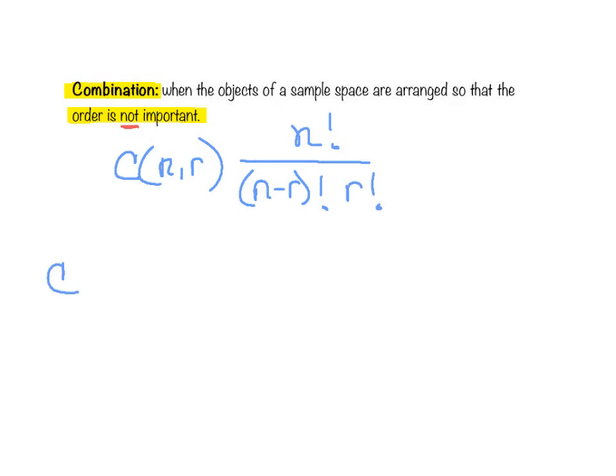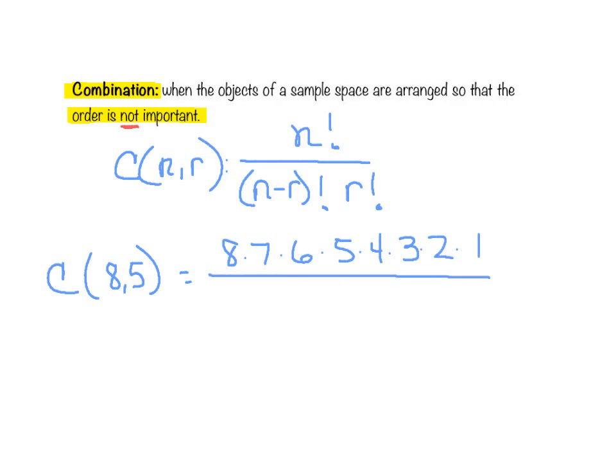So let's look at an example. Let's do the combination of 8 items taken 5 at a time. Here we go. So we do n factorial, so that's 8 times 7 times 6 times 5 times 4 times 3 times 2 times 1 divided by 8 minus 5 is 3, so 3 times 2 times 1 times r factorial, which means 5 times 4 times 3 times 2 times 1.